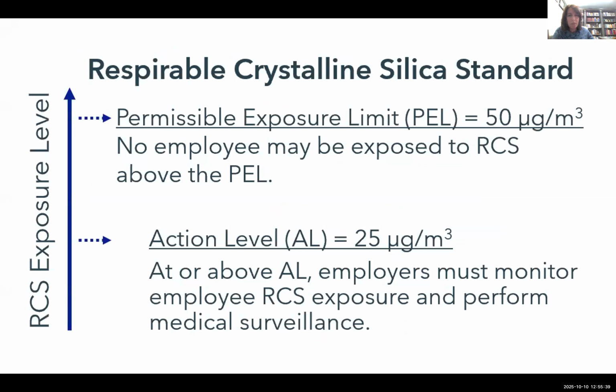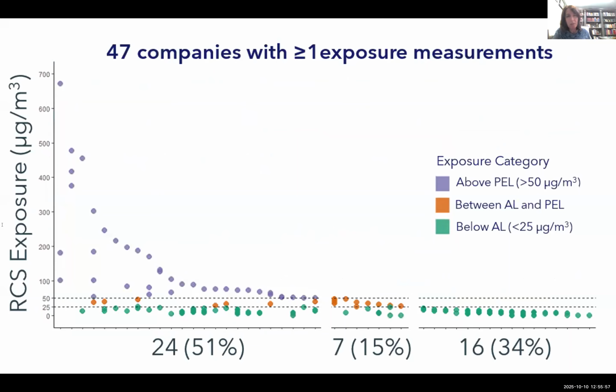I'll just remind you that the permissible exposure limit is 50 micrograms per cubic meter, and the action level is 25 micrograms per cubic meter. We were able to collaborate with Cal OSHA and review the inspection data, and this is what we found.